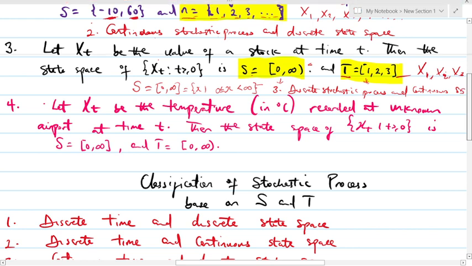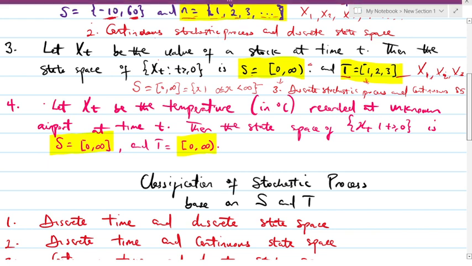Alright, let's share the last example, and I'll give you the last classification based on X and T. So let X subscript T be the temperature in degrees Celsius recorded at an unknown airport at time T. Then the state space of our stochastic process is this. Our state space is a closed boundary between the range of 0 and infinity, and then our time domain is 0 to infinity.